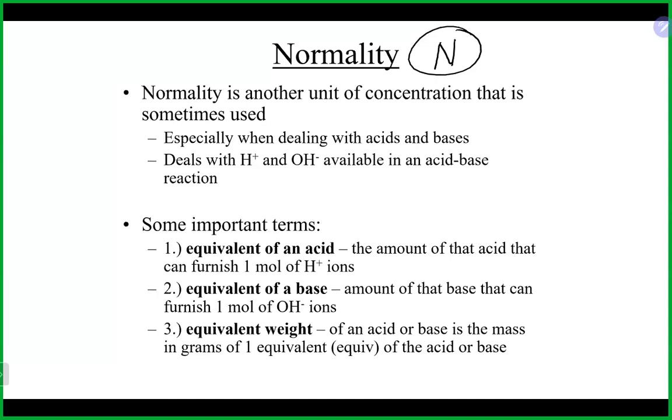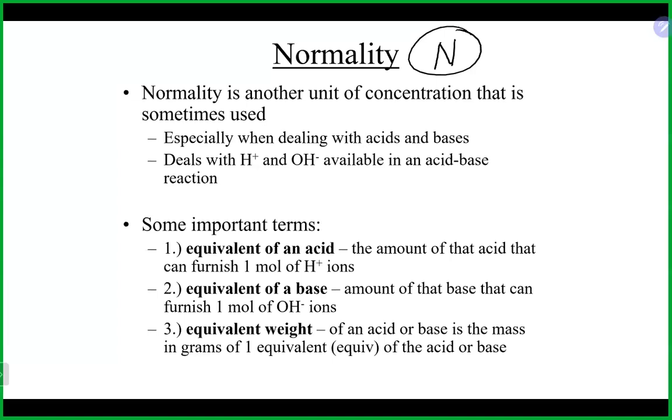And an equivalent of acid is the amount of acid that can furnish 1 mole of H plus ions, while the equivalent of a base is how much base could produce OH minus ions. And another term that's sometimes used with acid-base titration is what's known as equivalent weight.